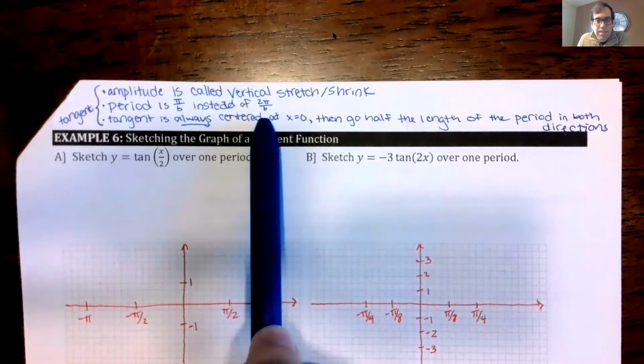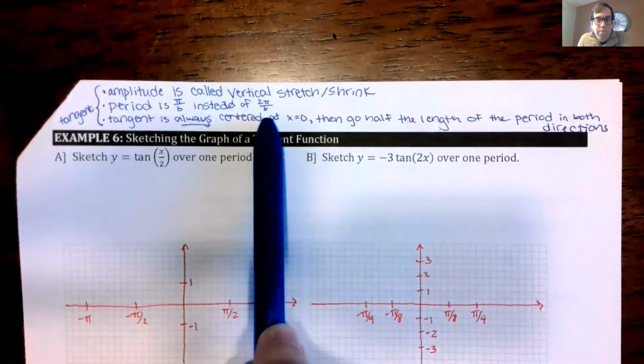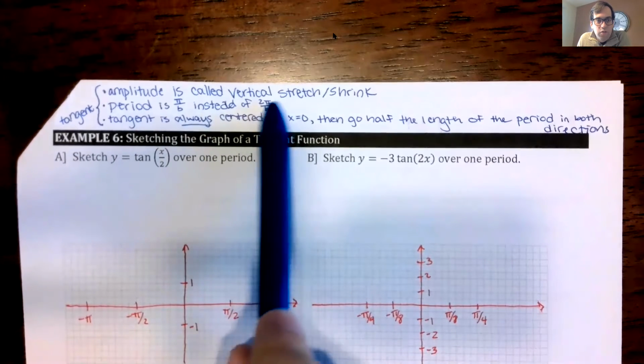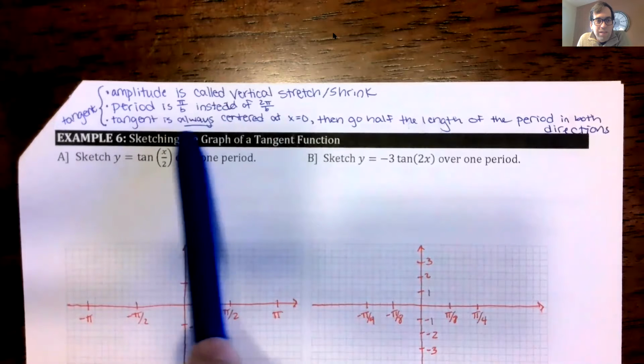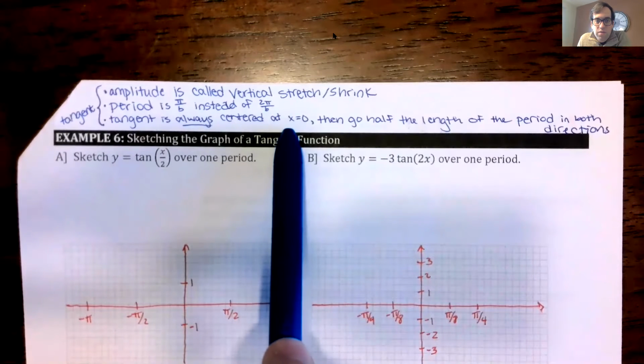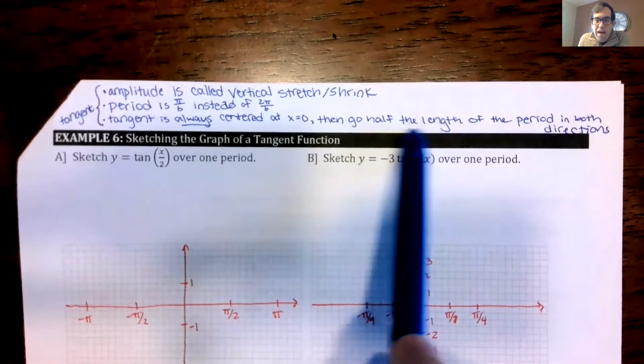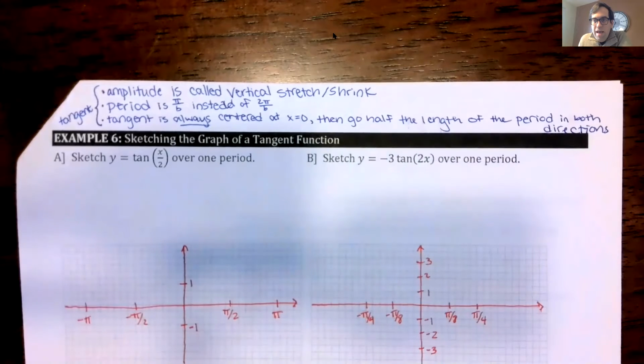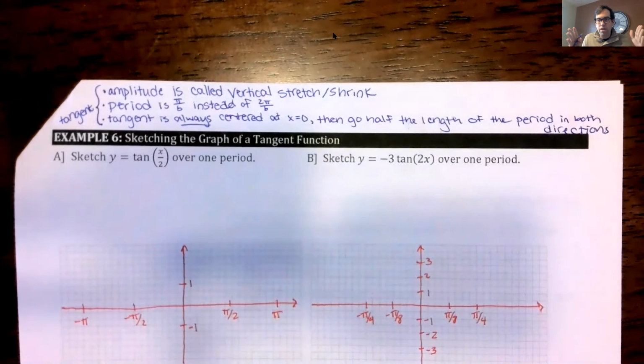And that's because the parent graph period for sine is 2 pi. The parent graph period for tangent is pi. So we just do pi over b instead of 2 pi over b. And finally, tangent is always centered at x equals 0. Then we just have to go half the length of the period in both directions. And that will give us a full period from one end to the other with 0 in the middle.